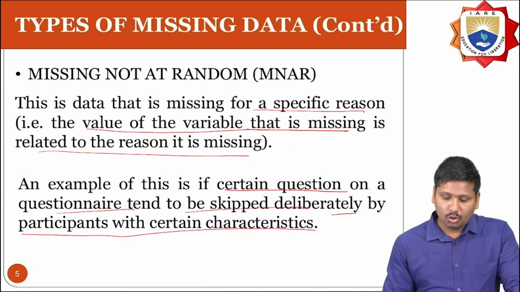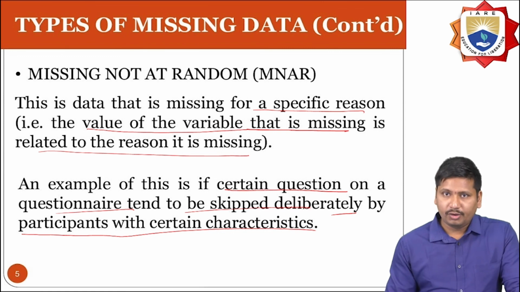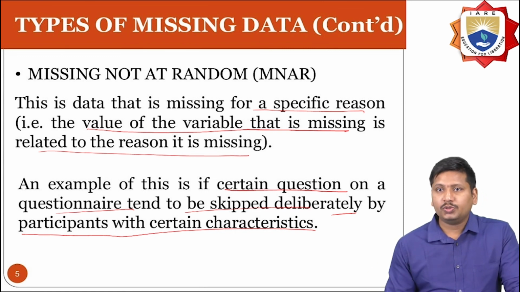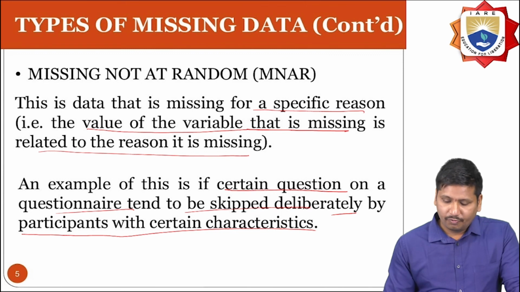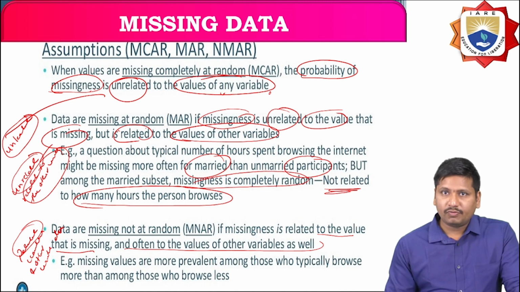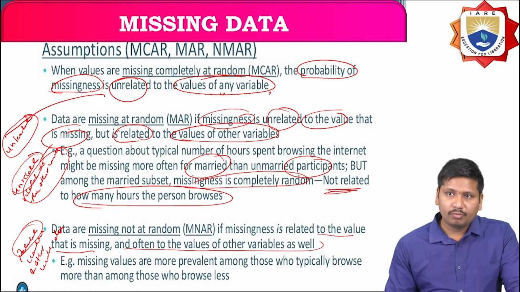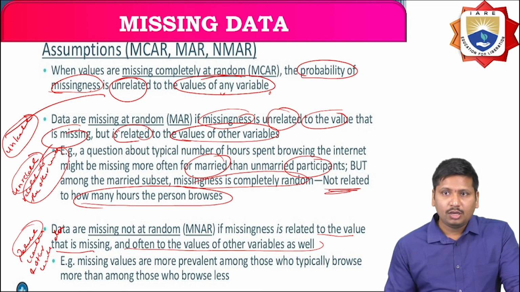Missing not at random is related to the variable itself, and it is also related to the values of other variables. So the probability of missing is unrelated in the case of MCAR, and in MAR it is related to the same variable but not to other variables. But MNAR is related to both the variable and the other variables' values.